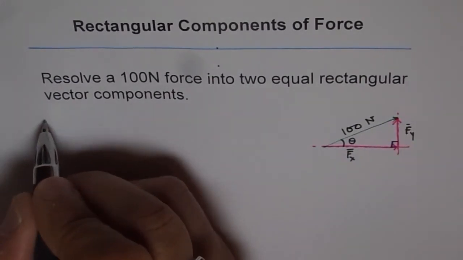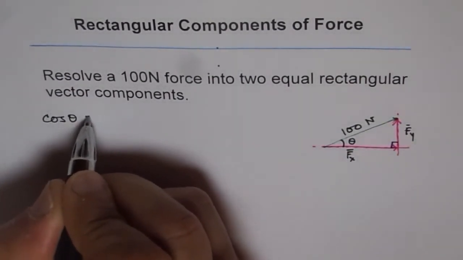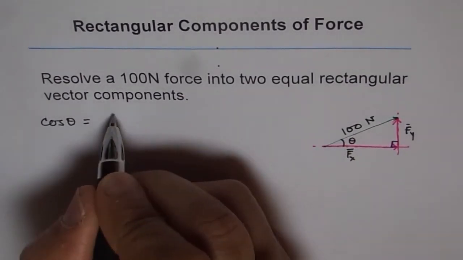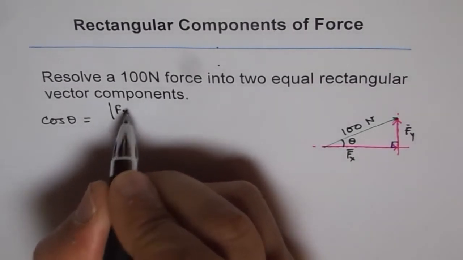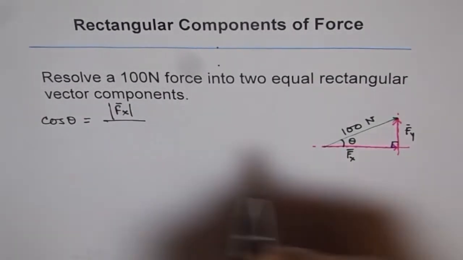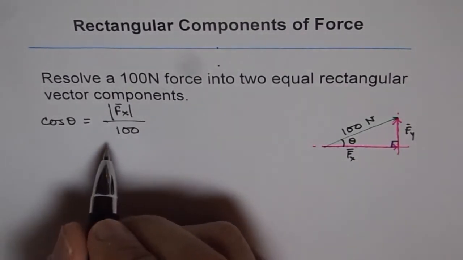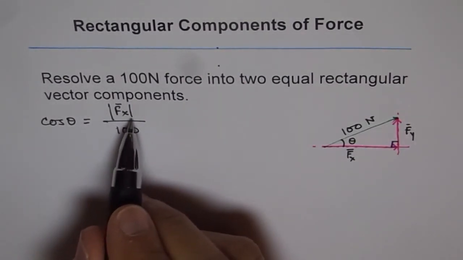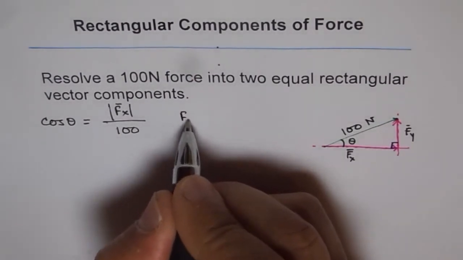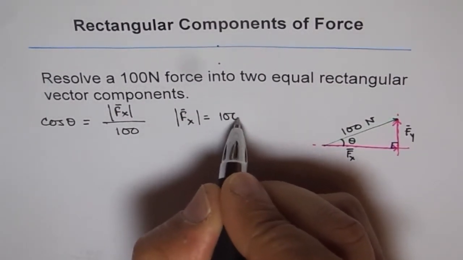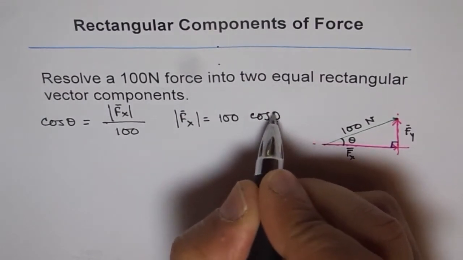So you can write cos of theta is equal to Fx, the horizontal component magnitude, divided by the hypotenuse, which is 100. So from here, we get the horizontal component Fx will be equal to 100 times cos of theta, right?